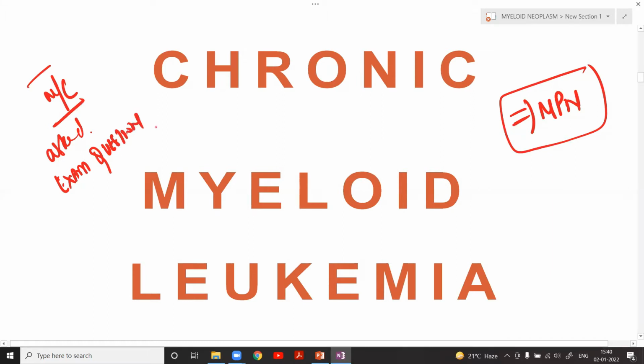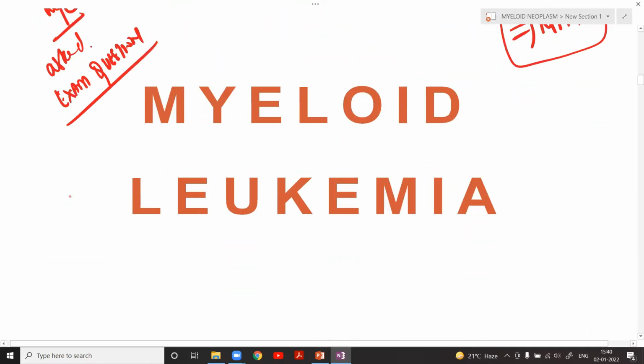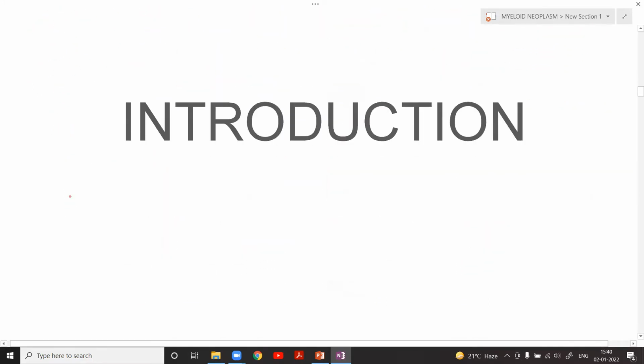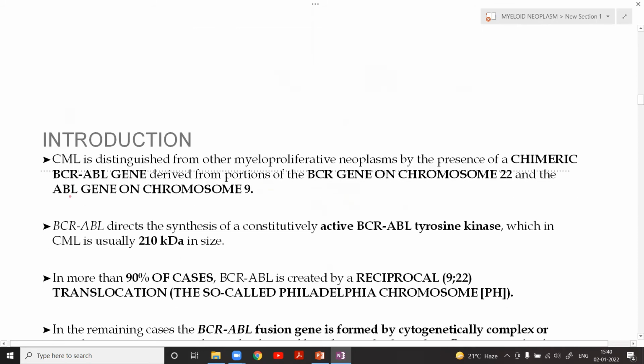And it is a very scoring question. Although it is a very common question, I generally find students that they struggle with this answer. Although all textbooks have given all the points very clearly, all of you do not write this point very clearly. So please pay a lot of attention to CML.